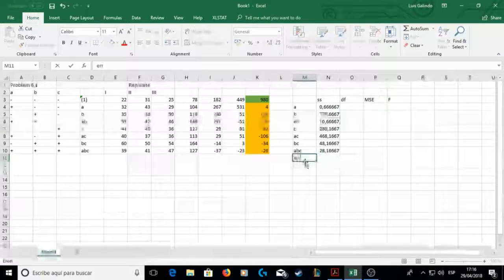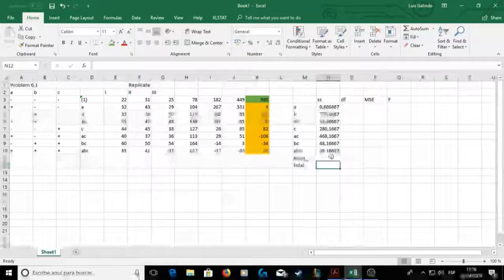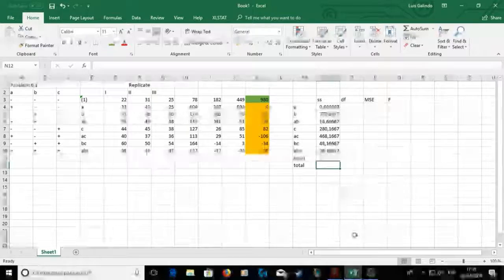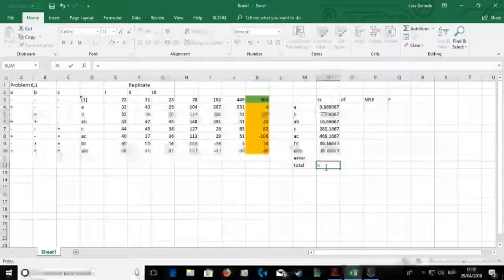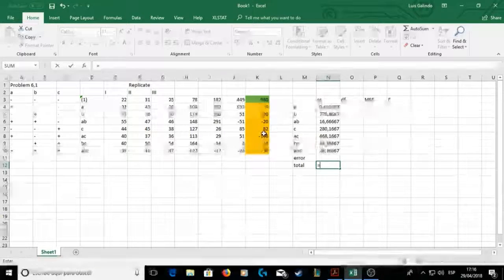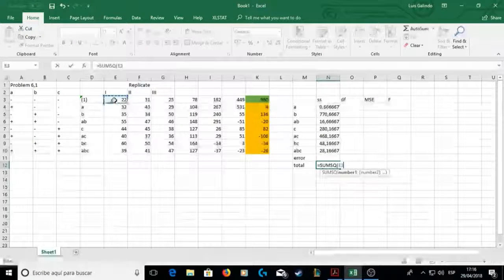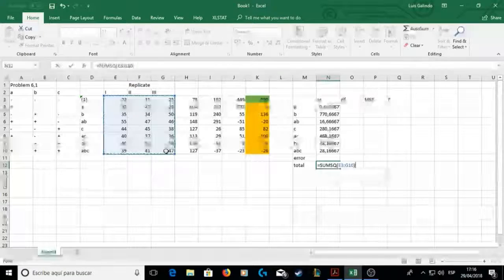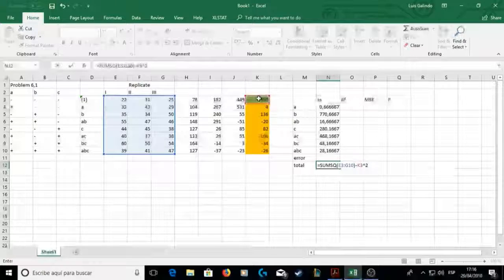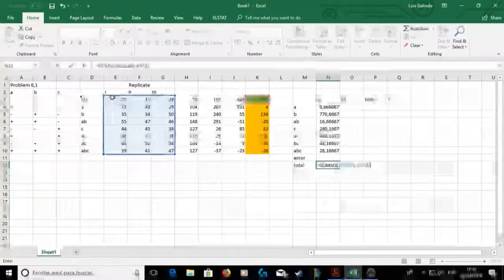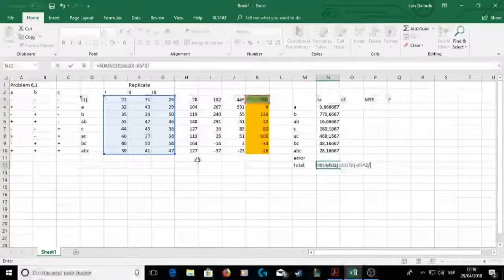Now the error and total. Total is calculated exactly as the other ones, as we have been doing the whole semester, which is the sum of squares of the data, these ones, minus the total sum squared over how many data, and we have 3 times 8 data, so we have 24.